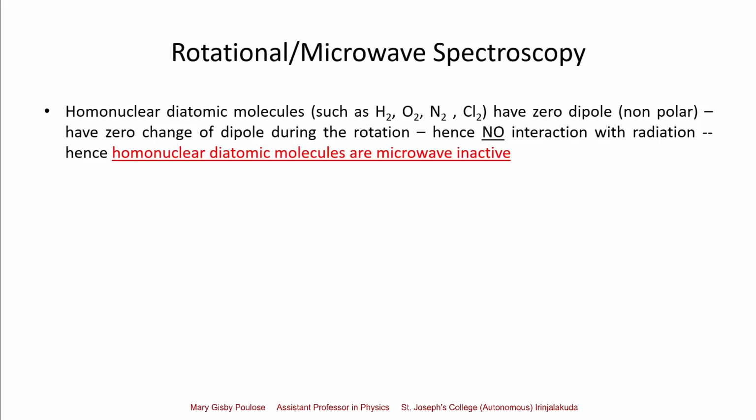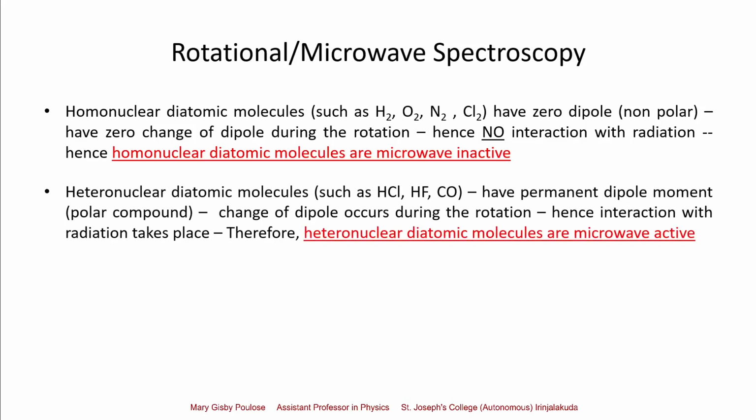Hence, they do not have any change of dipole during rotations. So, no interactions are seen with radiation. Hence, we say homonuclear diatomic molecules are microwave inactive. They don't have any rotational spectra.